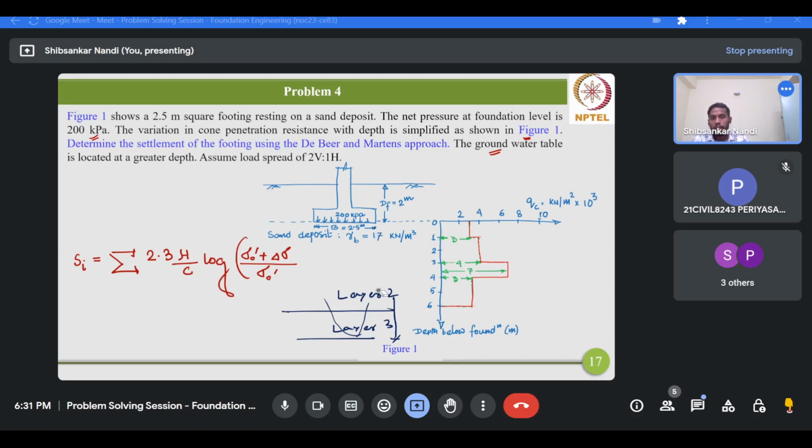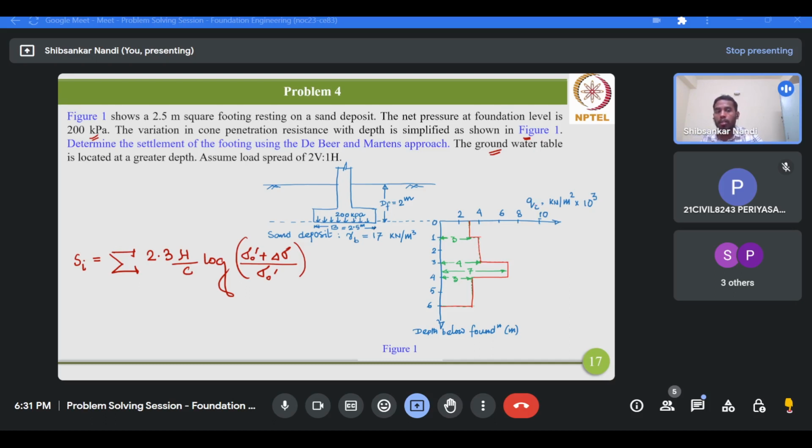Now for this problem, this is not the case, because the layering is not given to you. Rather, you have to determine the layering details based on the SCPT value, that means the cone resistance value. Here the basis will be the thickness where the cone resistance is more or less uniform.